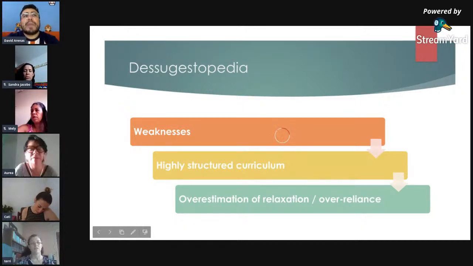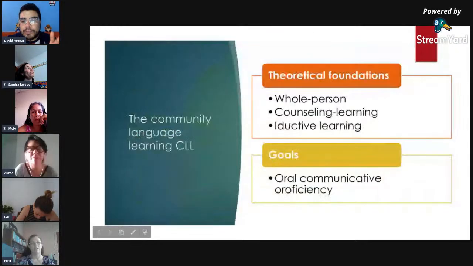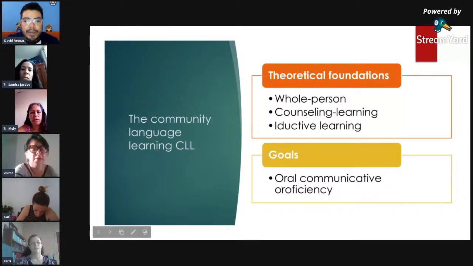It would be like a quiz about all the methods, and I will design it in a way for you guys to recognize the theoretical foundation, the different activities each of those methods has, and all that stuff. So I will go into more details later on in the week. I think it would be by Wednesday, or Saturday next week, so we don't take any of the days we have for the class.